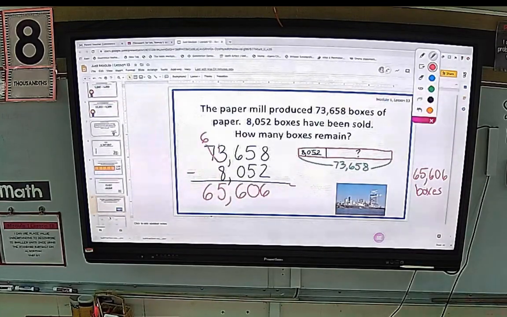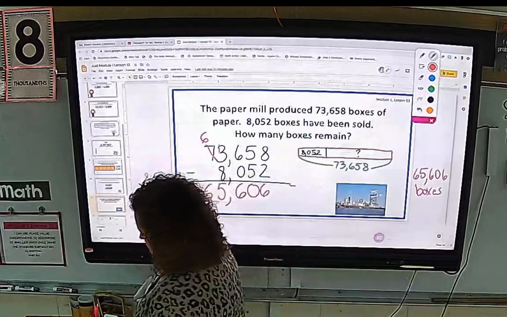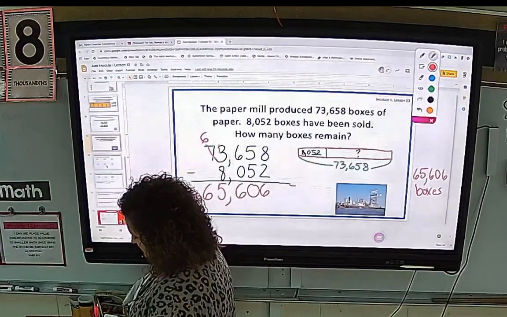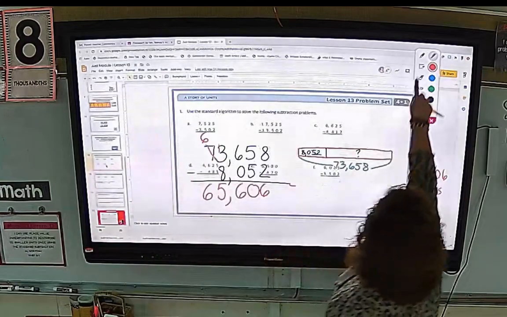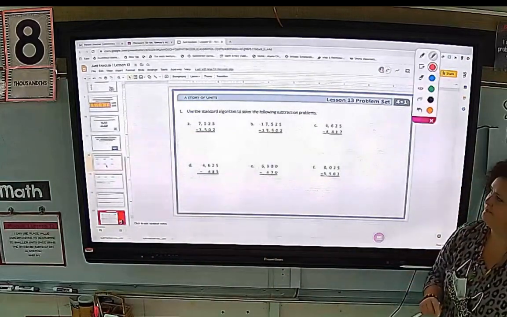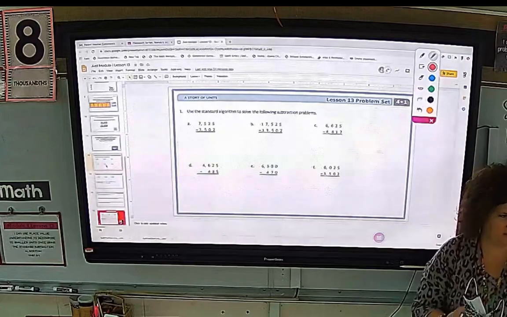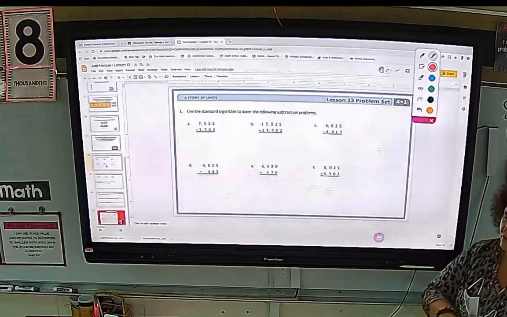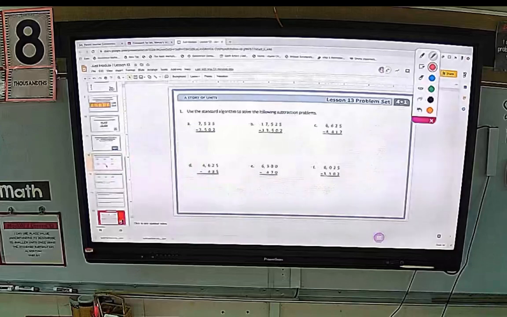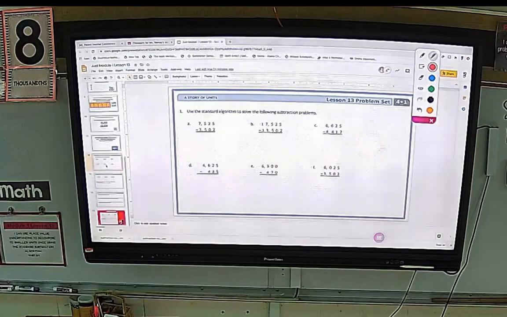Okie doke. So our problem set is going to make you very happy. Now, I want to show one of these to you before we get going, okay? Because these are necessary. If you would clear off your place value chart, put it all away into your binder, and get out your workbook.